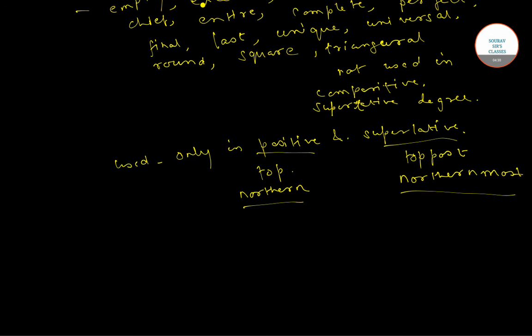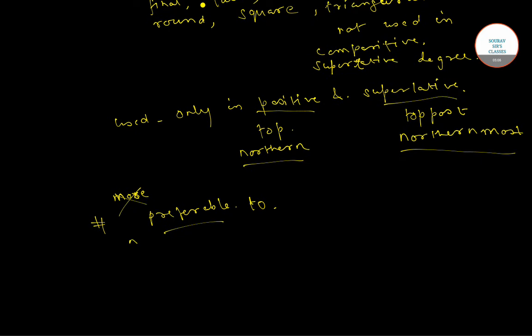Now, the adjective preferable is used as comparative degree and it is followed by to, and we do not use more with it. Like, we do not say this is more preferable than other. We only say this is preferable to other.